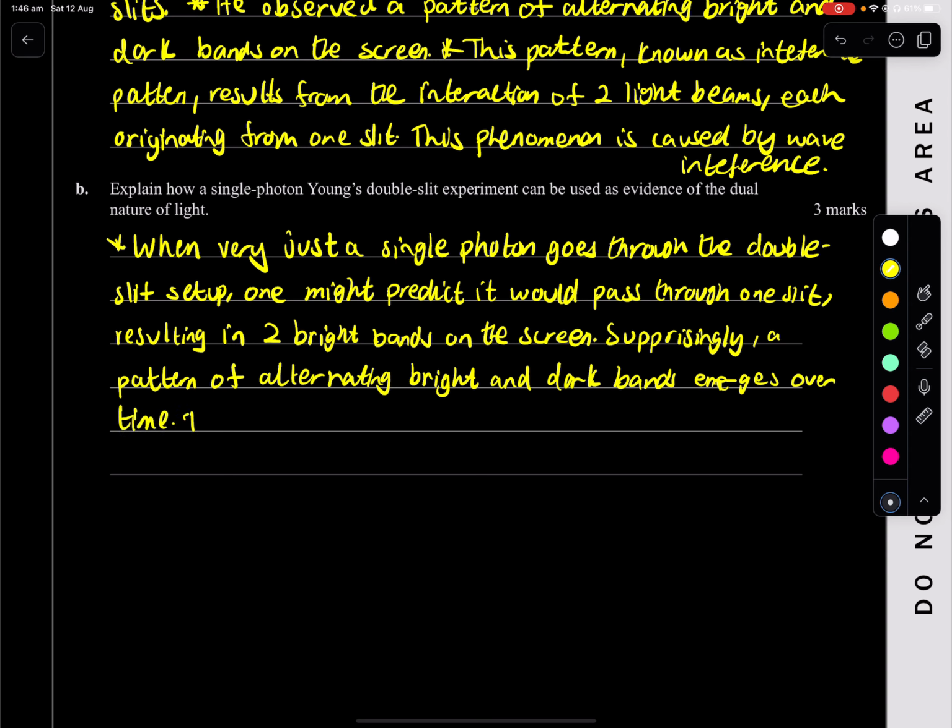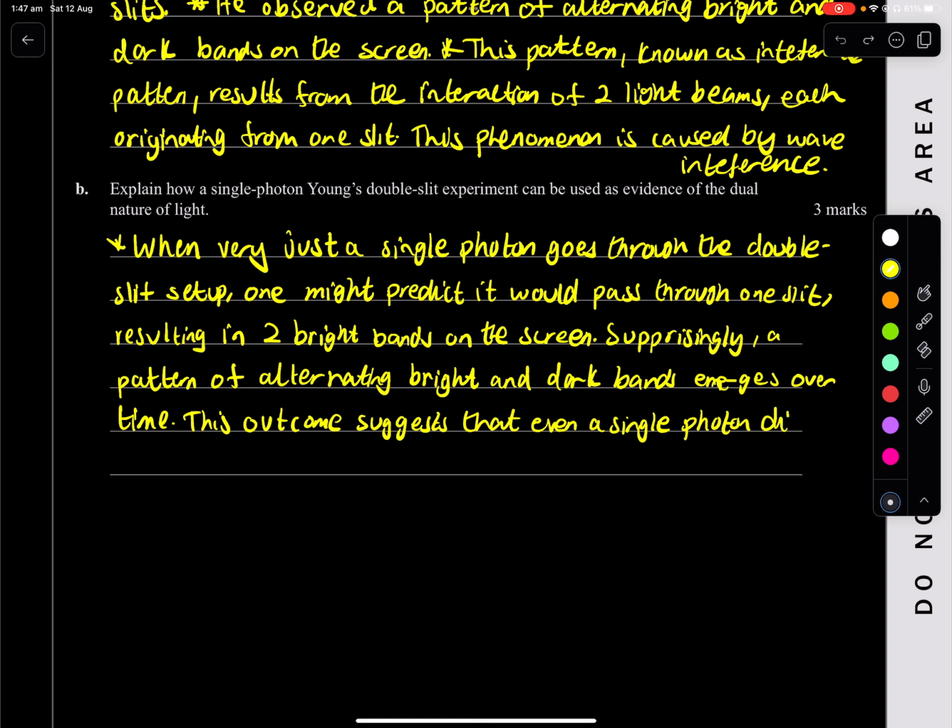This outcome suggests that even a single photon displays wave-like behavior.